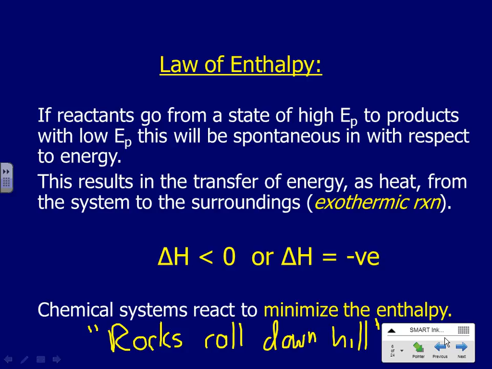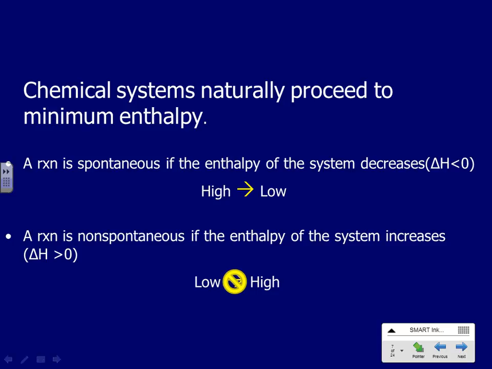This is the important part here. Chemical systems react to minimize the enthalpy. Delta H's that are negative, the universe likes. The universe drives that reaction forward. So this next slide says chemical systems naturally proceed to minimum enthalpy. I think we've expressed that. A reaction is spontaneous if the enthalpy of the system decreases, if the delta H is negative, so high enthalpy to low enthalpy.